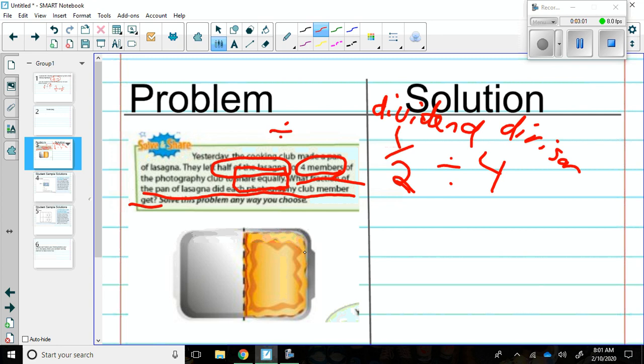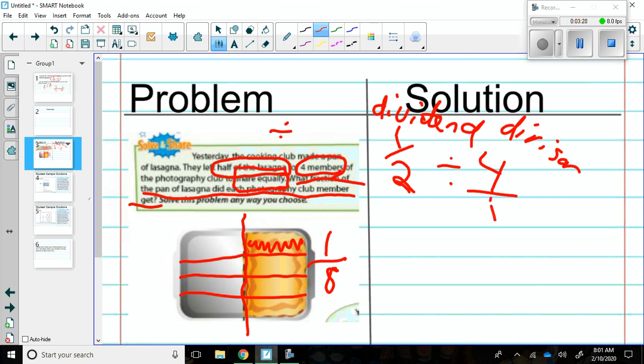Now, we could put this into 4 equal parts. 1, 2, 3, 4. And since it's half a pan, we're going to notice that it's actually creating 1, 2, 3, 4, 5, 6, 7, 8, 8 parts. And if we're splitting it into fourths, each person's going to get 1/8. That's one way to draw it out. Another way is to solve it. Put a 1 underneath the whole.